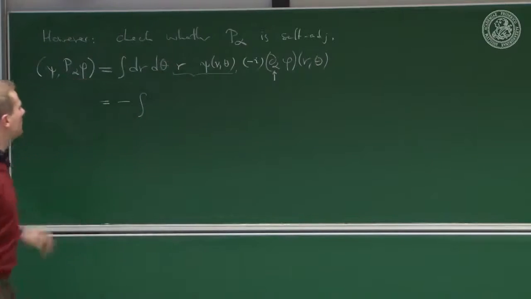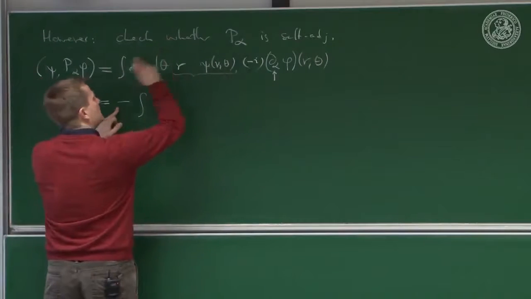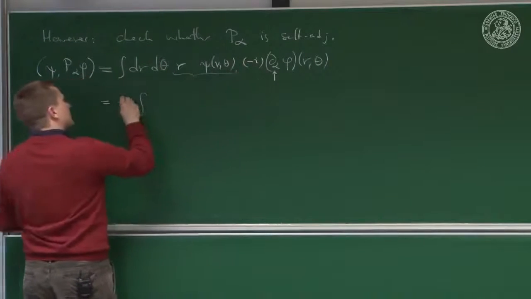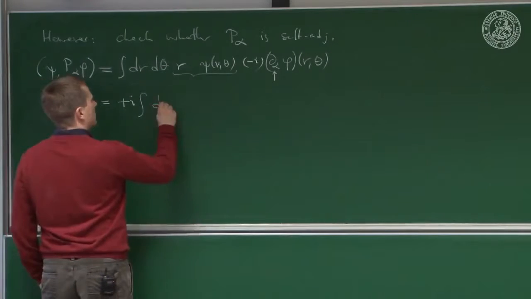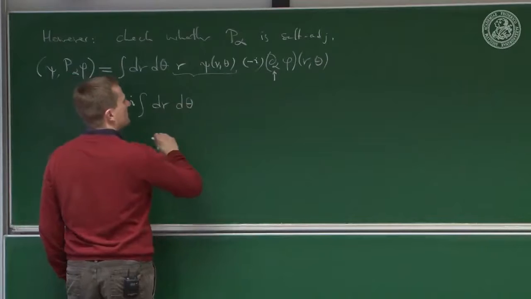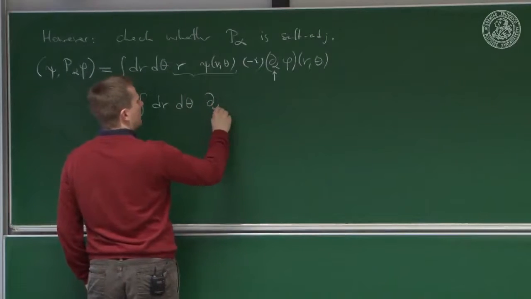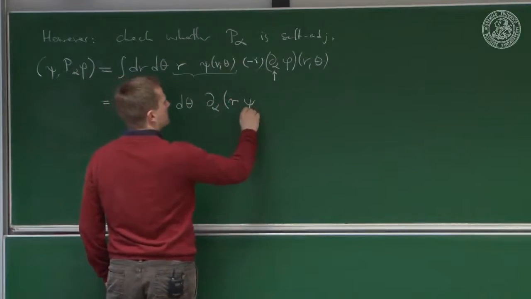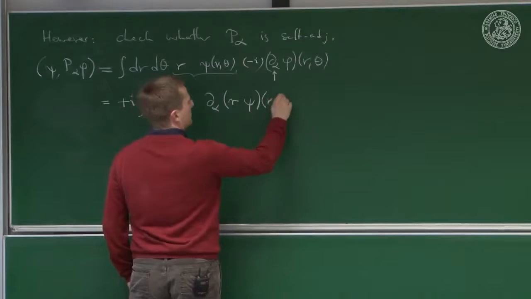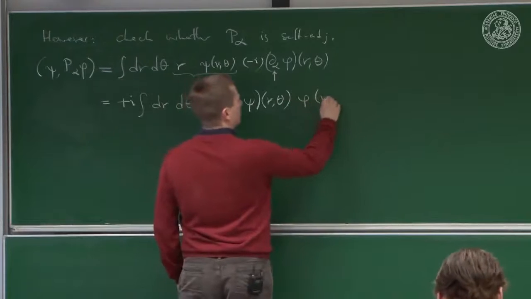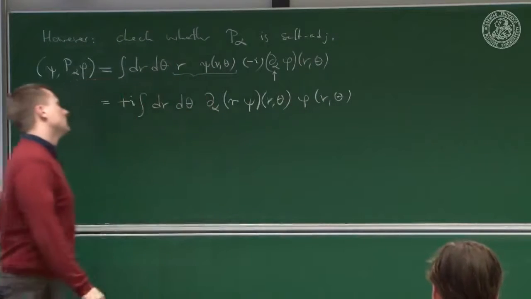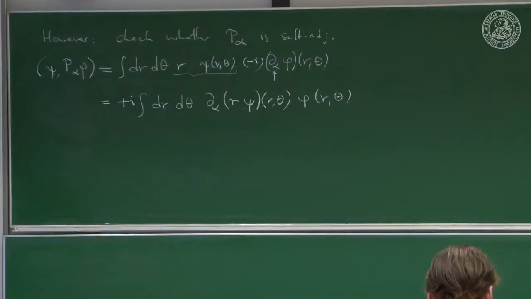But let's first see what the problem is. So put a minus there from the integration by parts. Then a minus i is a plus i. Let's keep track of it like this. Then we have a dr dθ ∂_α of rψ. The whole thing will depend on r and θ, and there will be the φ freed of any derivative operator action.